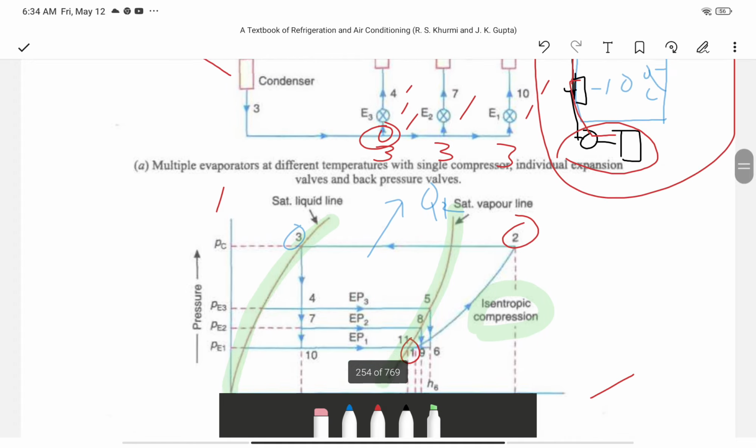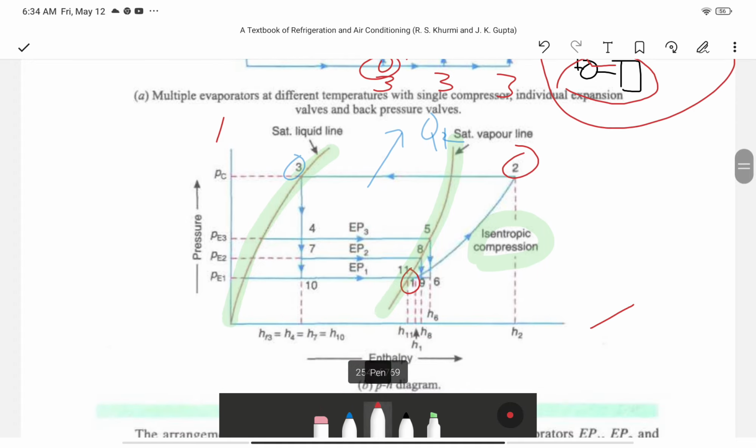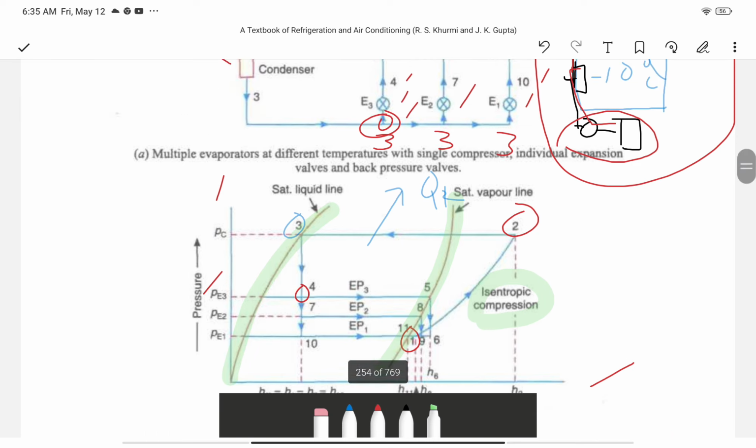Then this is the junction in the pH diagram at pressure PE3. From 4 it goes to 5.